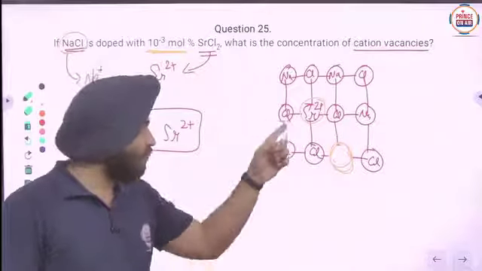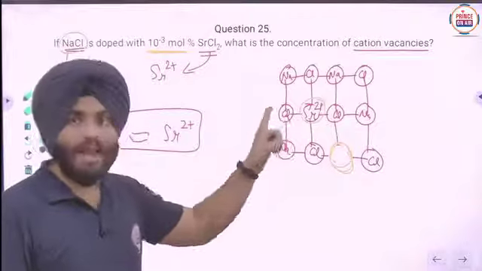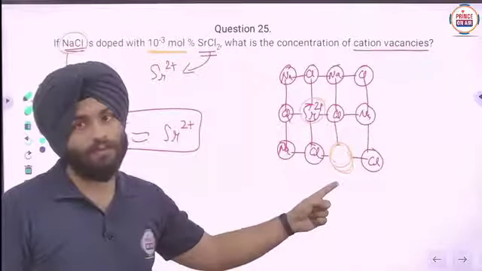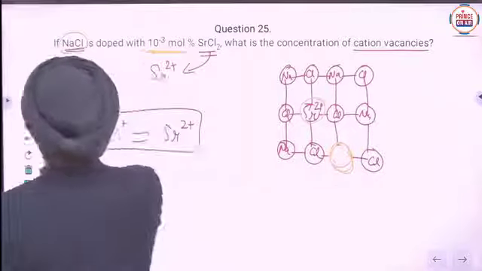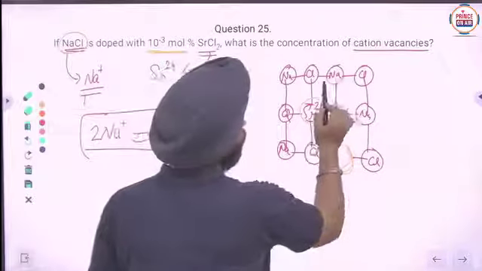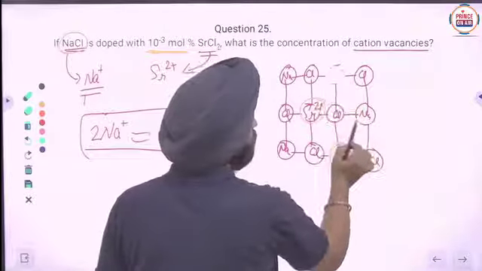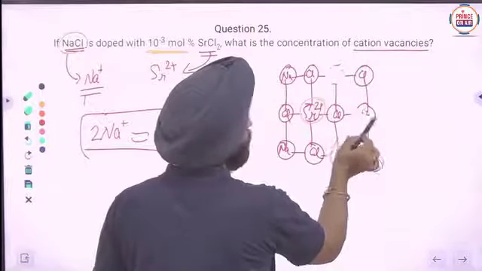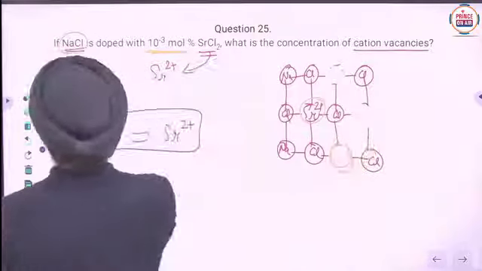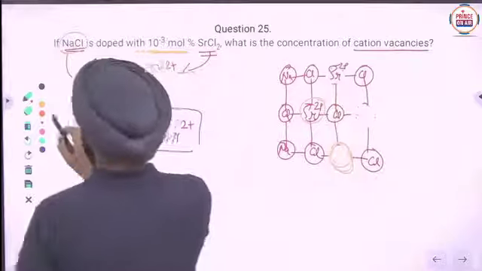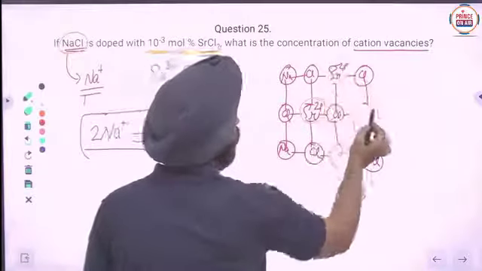If I situate one Sr2 positive ion, one cationic vacancy will be formed. If I situate one more, we have to replace 2 more Na positive ions, and one Sr2 positive will occupy that position.